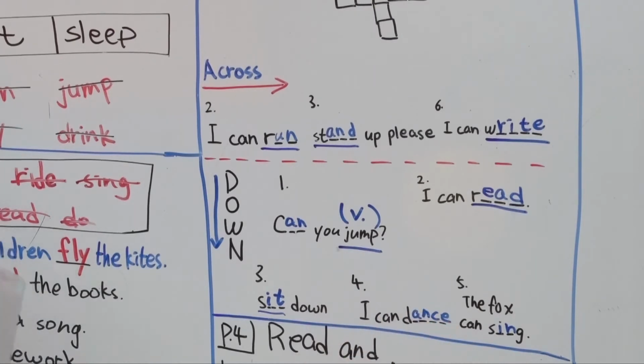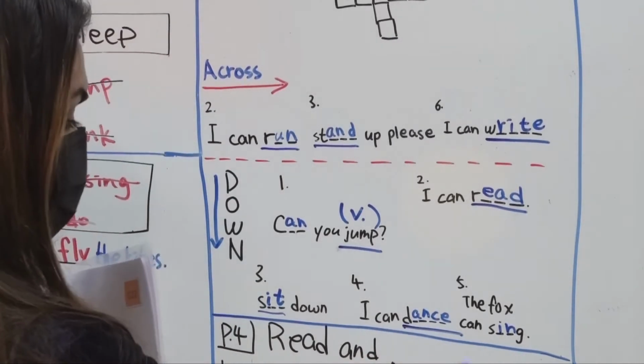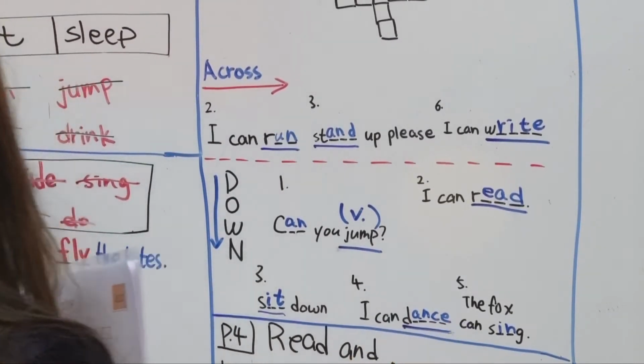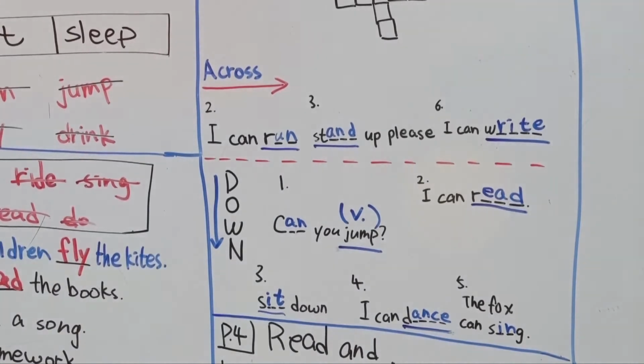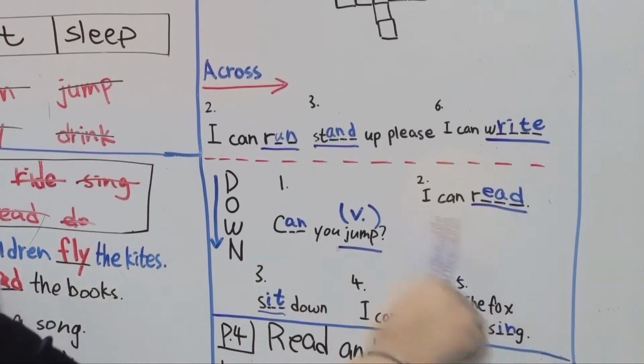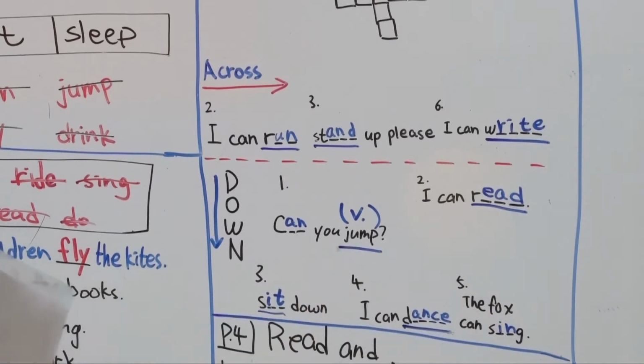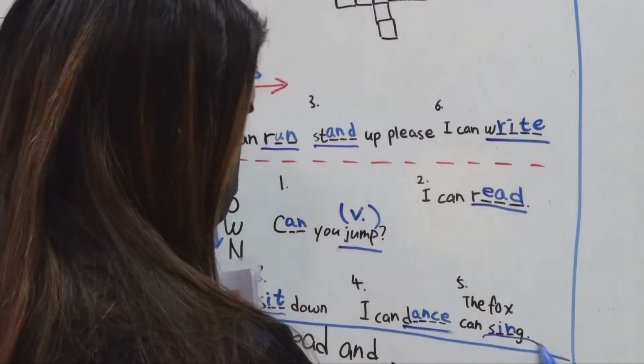Which one is a verb in this sentence? The verb here is dance. Dance is the verb because it does action, right? The fox can sing. Number 5. Which verb shows action? 1, 2, 3. That should be sing. Okay.